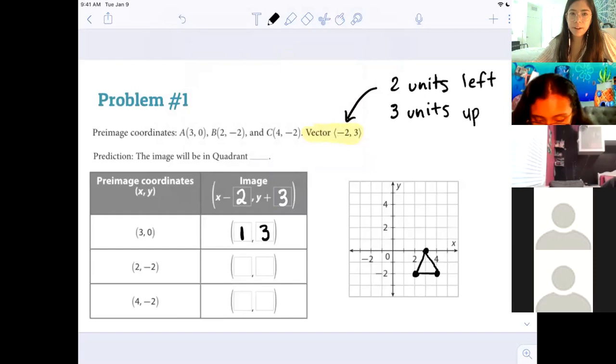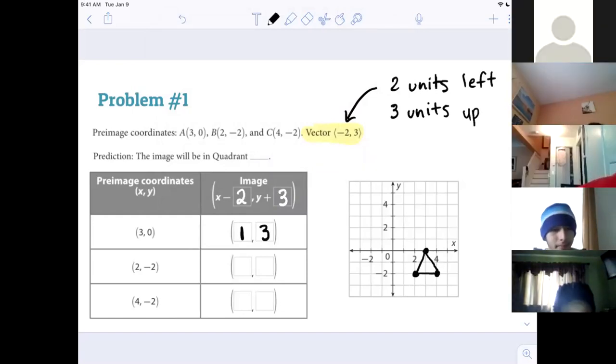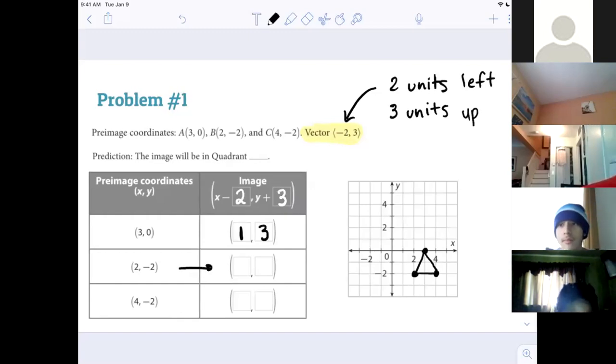Eric, what should I write for my second point? I have 2, comma negative 2. What happens when you do the math?